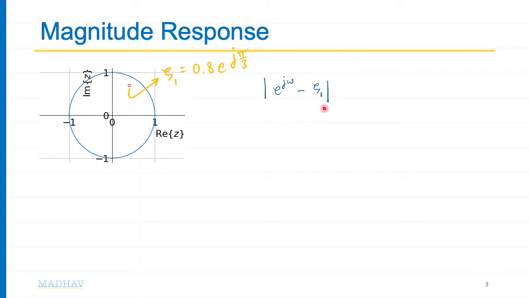Let us imagine there is some hypothetical H(e^{jω}), which is this. What is the magnitude of this term? Now remember that ω is varying over this circle. It goes from 0 to π, and similarly 0 to minus π, basically minus π to plus π. So we have to find how this value changes when it goes from here to here, right?